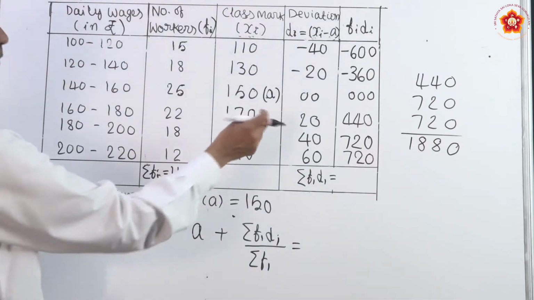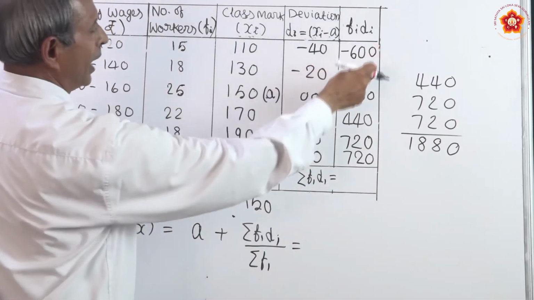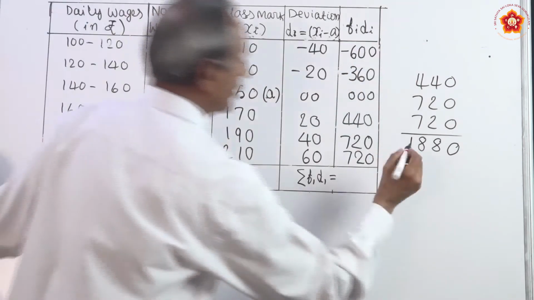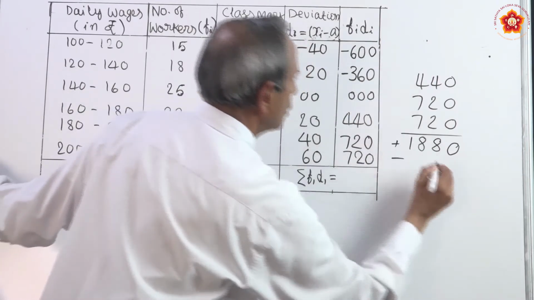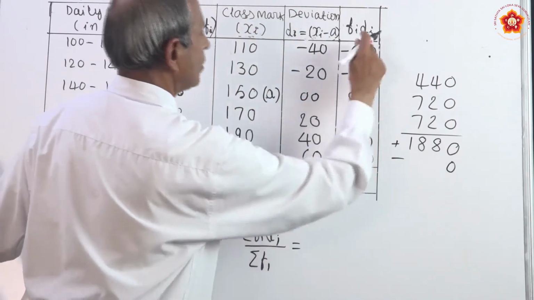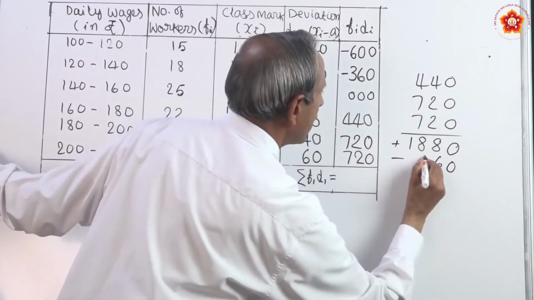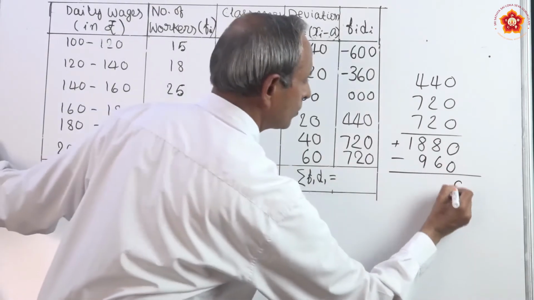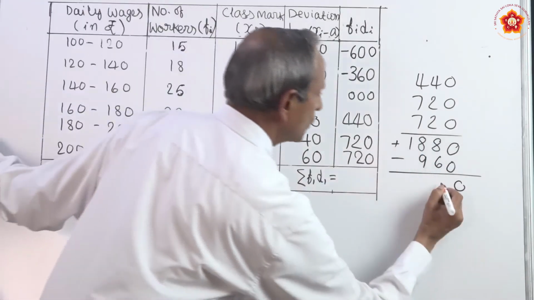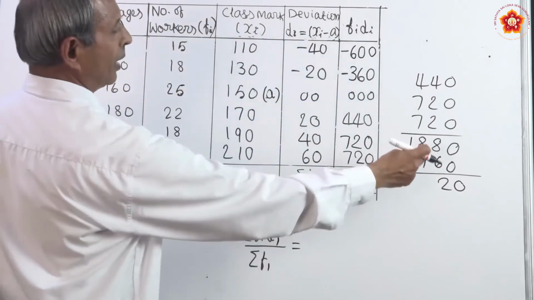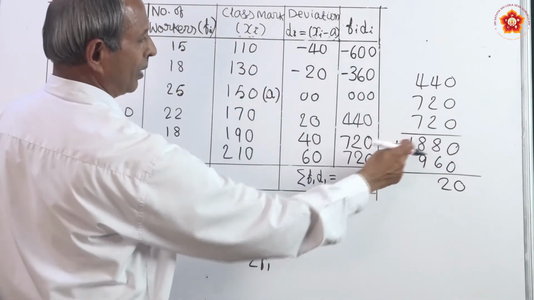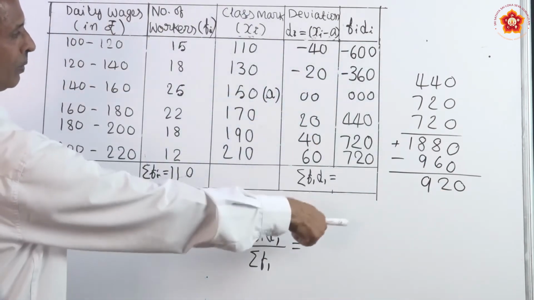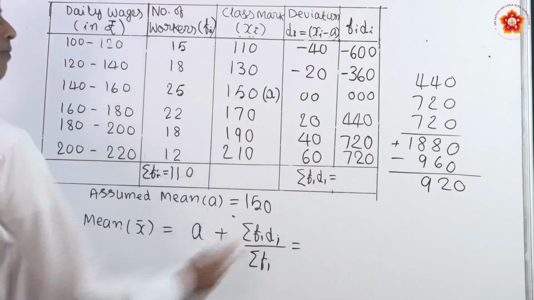Among this, you have to subtract 600 and 360, totally 960. Let us subtract now. 0, 0, 8 minus 6, 2 you will get. Now 18 minus 9, you will get 920. Now write here sigma Fi di value is 920.